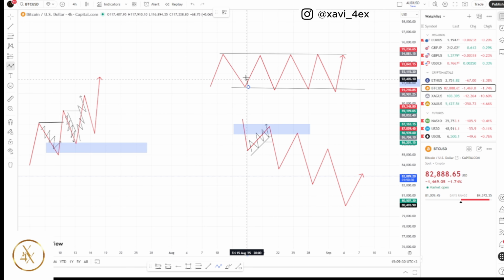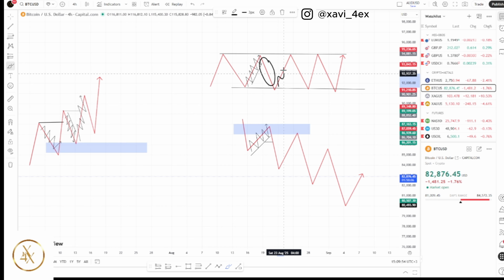You might have liquidity lying down like this, being created here. Then this is the liquidity. Then it will be taken out by the sales here. Same applies to the bullish market. That will take out the sales that happened here.